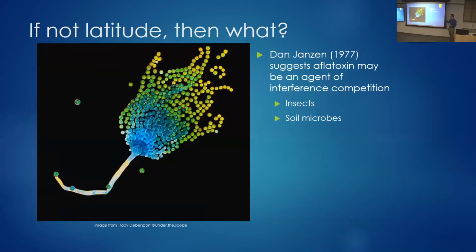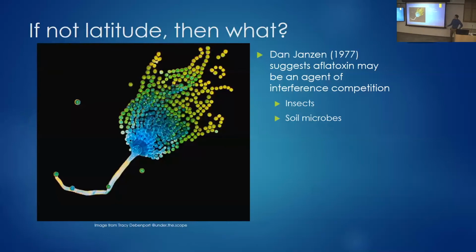Or interference competition can also be that the compound just keeps down other species. So he specifically suggests that aflatoxin would be an agent of interference competition for insects and for soil microbes.